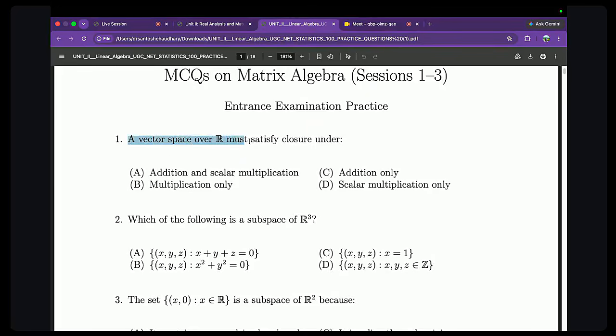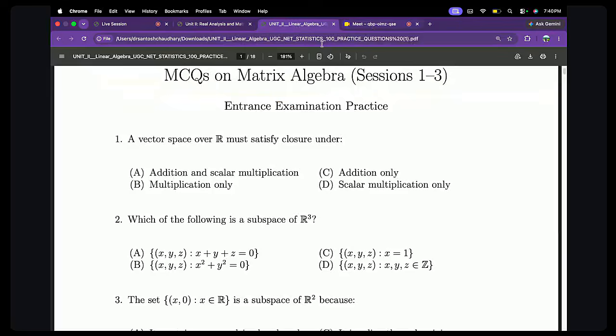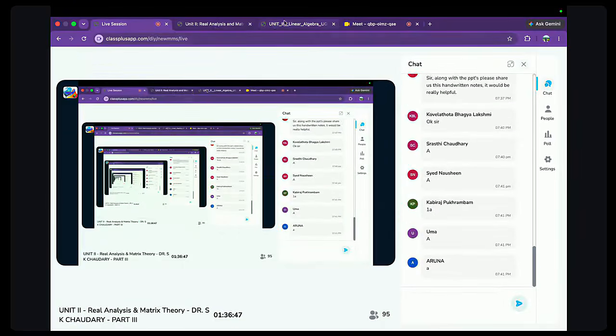A vector space over R must satisfy closure property under what? You can answer in chat. Options: addition, scalar multiplication, addition only, multiplication only, scalar multiplication only. Whatever you feel, you can answer. It's a basic question on the definition of a vector space, and it's easy.